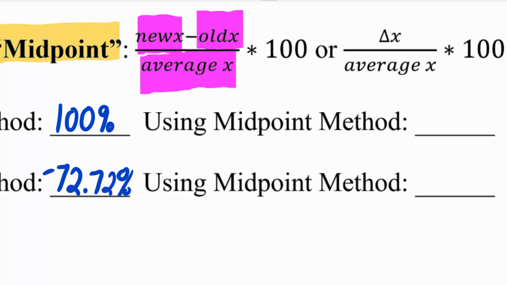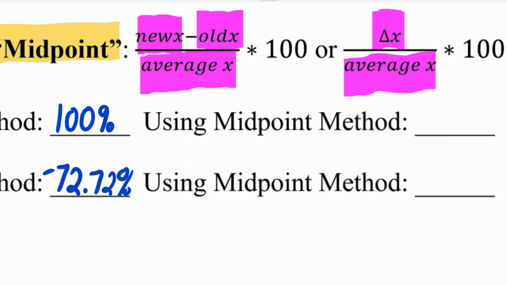So in other words, a shorter way to write this would be on the top, how much is x changing by? And on the bottom, we just put the average of those two values. We add them up, divide them by 2. This is why we call this the midpoint formula, because the average of two numbers is the midpoint, midway in between those two numbers.